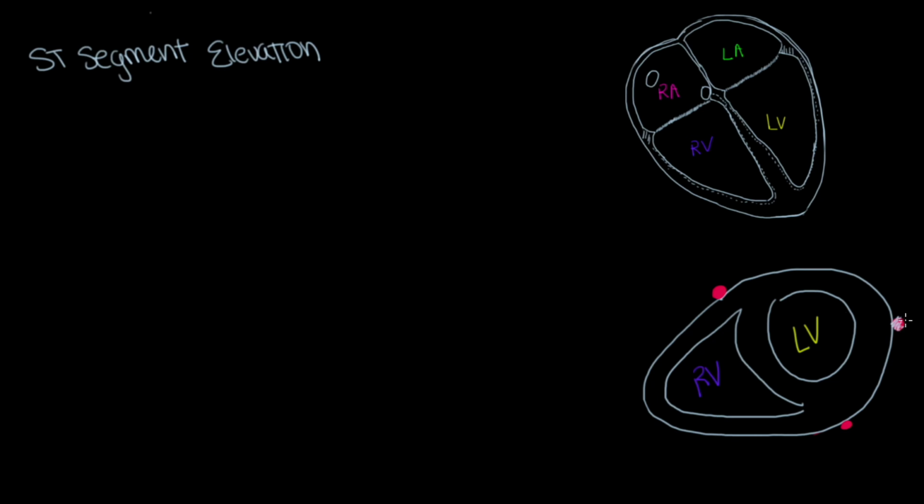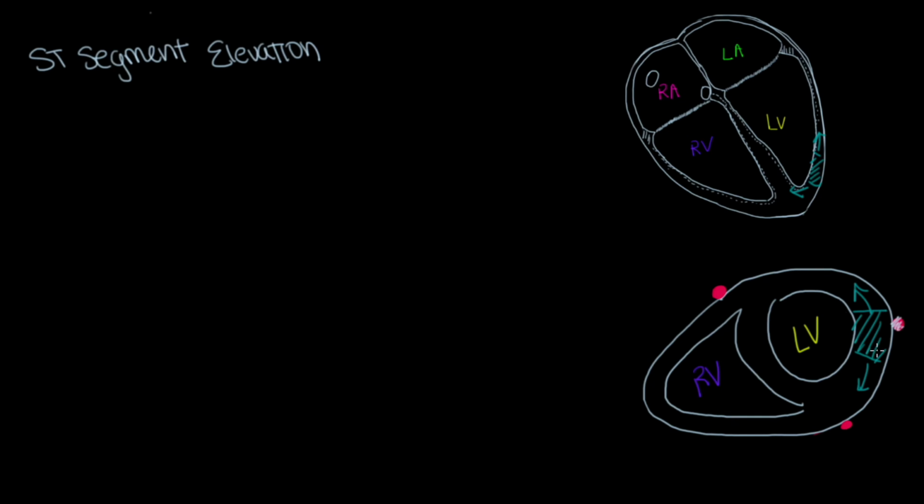And what happens when you have a complete occlusion of a coronary artery is that you have, regardless of whether or not the tissue is on the sub-epicardial surface or the sub-endocardial surface, all of the tissue in this area is not receiving any blood supply. What you end up with is the whole transmural thickness of the heart, including the sub-epicardial and the sub-endocardial and everything in between, becomes ischemic.